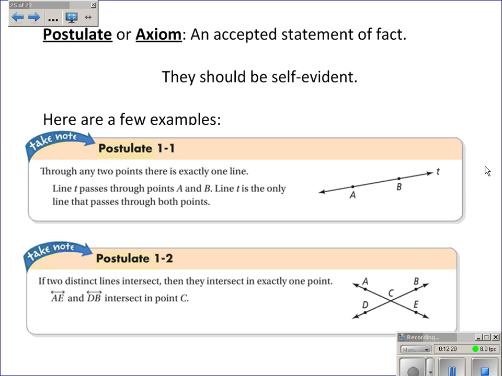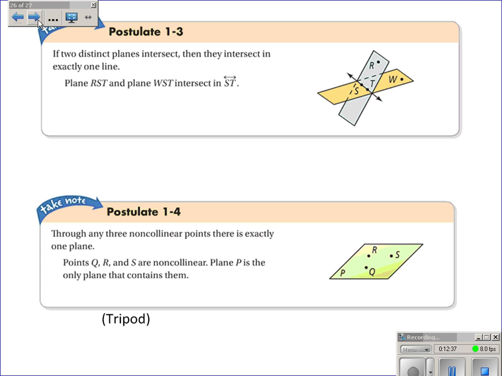Another example, postulate 1-2: if 2 distinct lines intersect, then they intersect at exactly 1 point. Because lines are straight, if they intersect, they only intersect once. They can't intersect again somewhere else. Another postulate is if 2 distinct planes intersect, then they intersect in exactly one line.